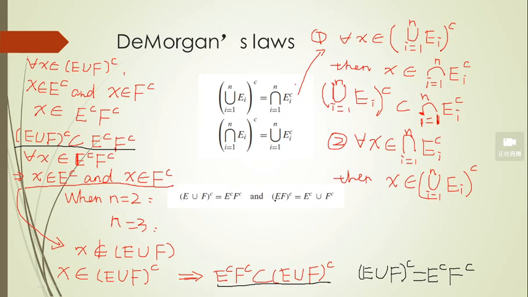And for this one, we can also follow this kind of analysis to prove this identity. It's the same idea, but maybe a little more complicated to prove the case when we have n events. In this probability and statistics course, students are required to prove some simple identities.